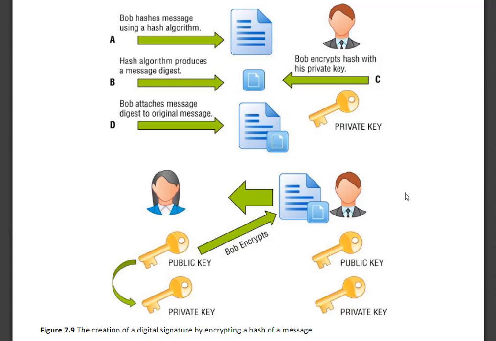Bob then encrypts the hash with his private key. He attaches the encrypted hash to his message. And at that point, he now has the message that he can provide proof that only he sent it and proof that the message has not changed.